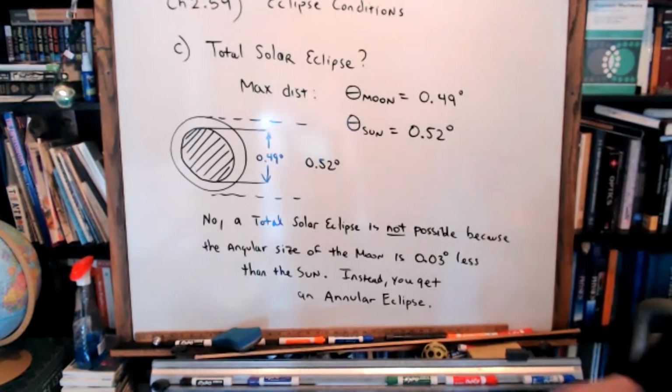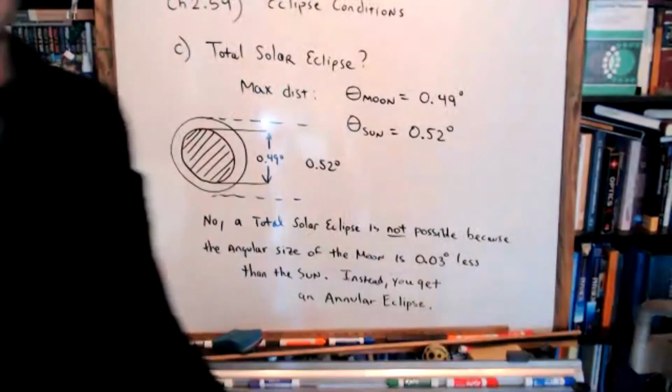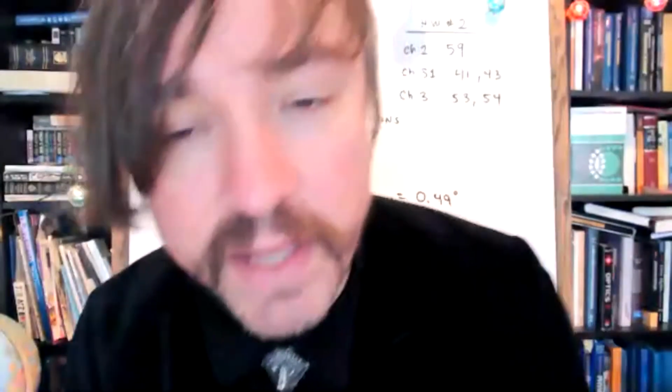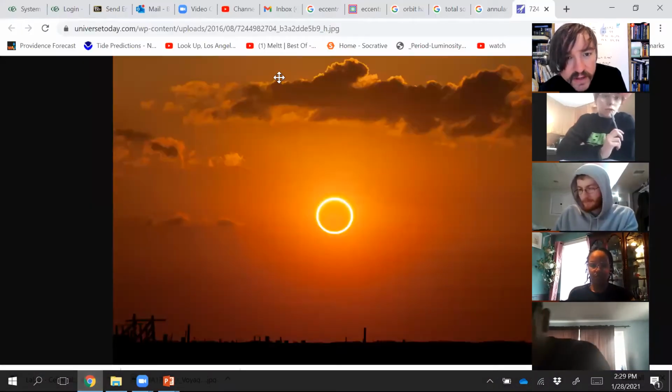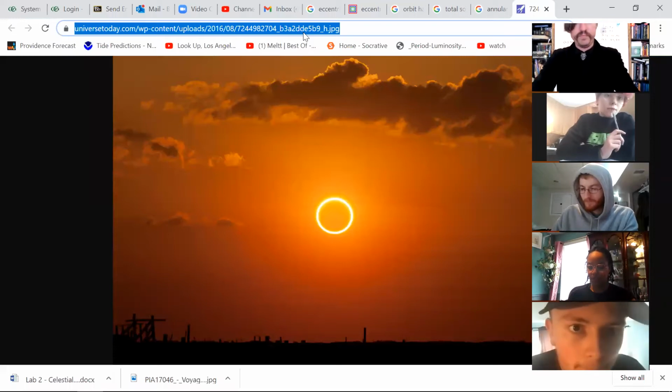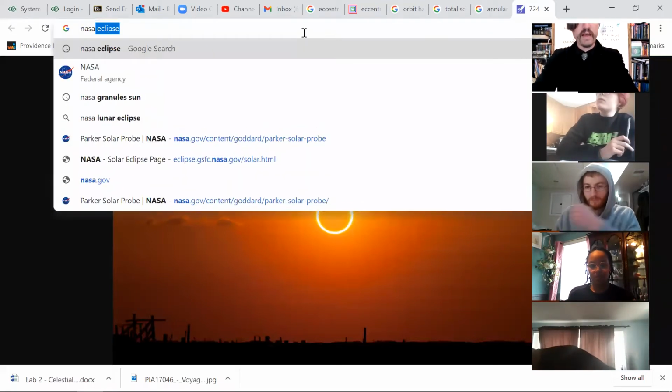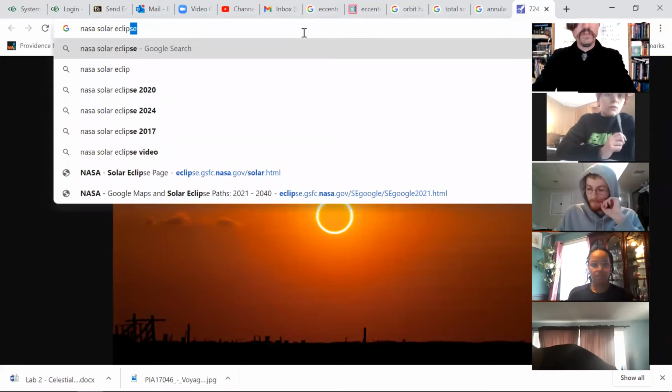I cover eclipses in my solar system class, but I do feel somewhat obliged to tell you guys, on a fun note, that there is an eclipse coming up a few years from now. I think we're going to have an annular eclipse. I was looking for it last night, but NASA has a solar eclipse page.